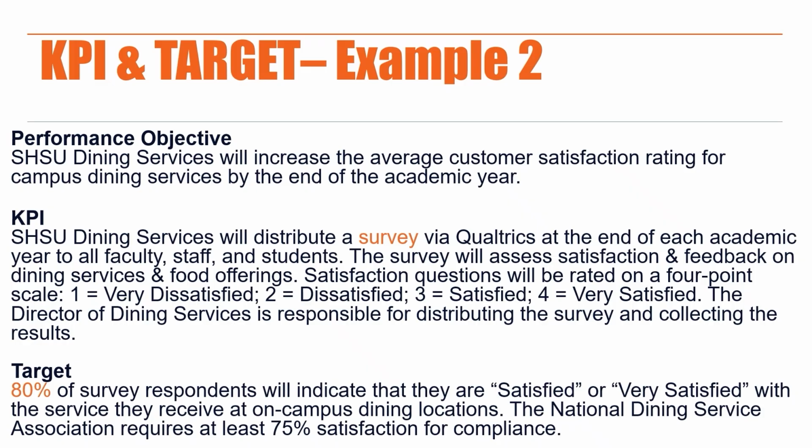The target specifies that 80% of respondents will report being satisfied or very satisfied, which exceeds the minimum standard required for compliance. The target also includes a statement explaining why the target was selected. Here, the KPI captures individuals' perception, while the target defines a clear benchmark for success, ensuring strong alignment with the objective.